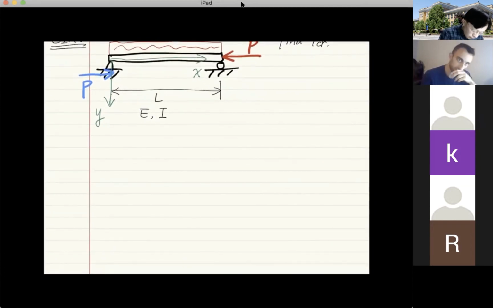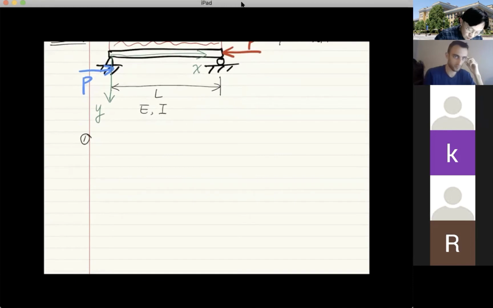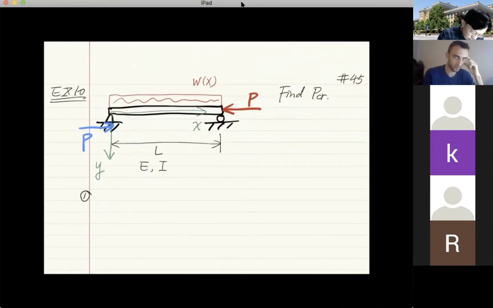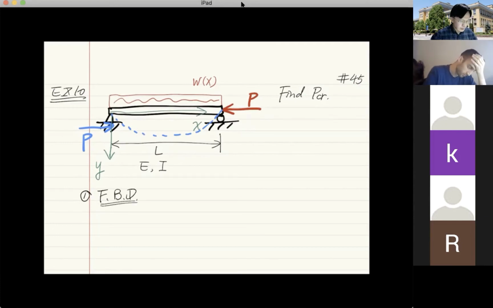Now, from here, you remember the steps. And we usually combine step 1 and step 2 together, right? By considering the deflection, then we take the free body diagram. So in this case, you can just define the deflection to be here, just to make our life easier. So suppose it buckles like this, and we look at the free body diagram.